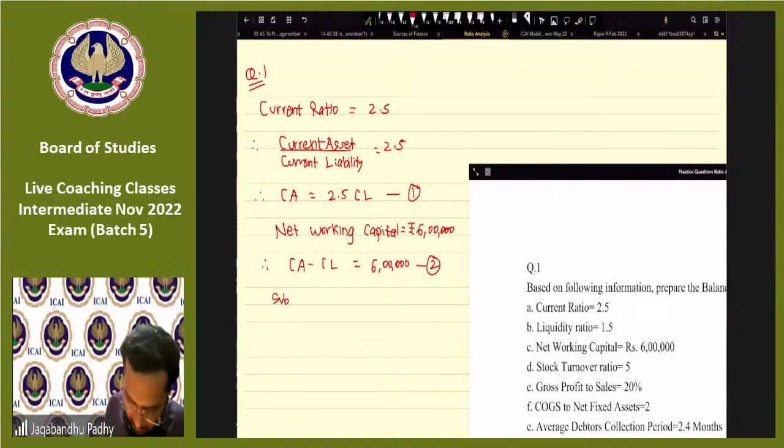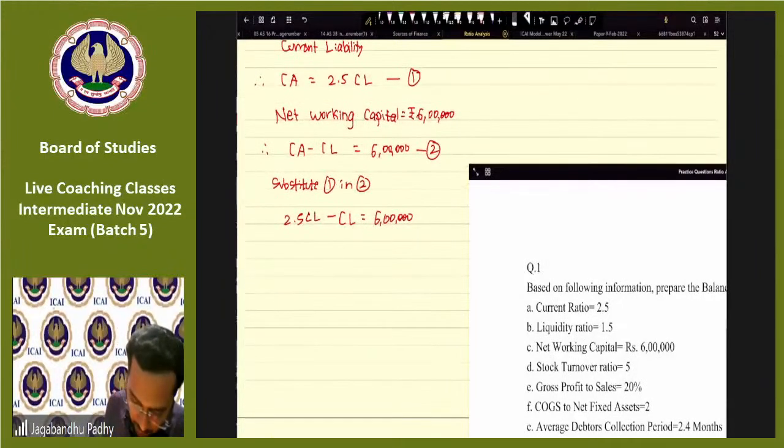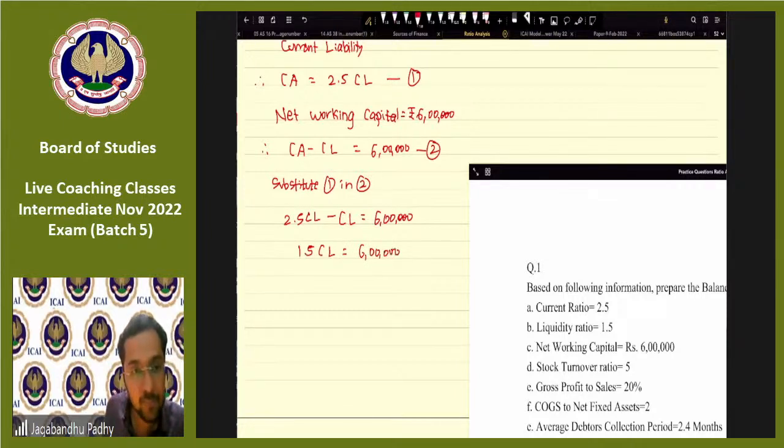Substitute 1 in 2. So 2.5 times of current liability is substituted for the current asset. 2.5 current liability minus current liability is 6 lakh. We have this as 1.5 current liability equal to 6 lakh, which means current liability is 6 lakh divided by 1.5.